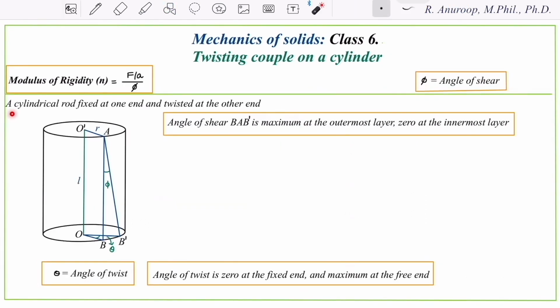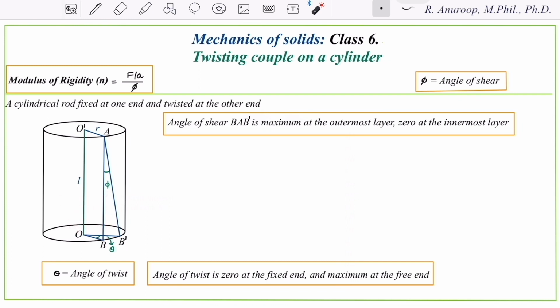Consider a cylindrical rod fixed at one end and twisted at the other end. Consider a cylindrical rod of length L and radius R, which is fixed at the top and twisted at the bottom end like this. The cylinder is clamped at the upper end and twisted by a couple at the lower end.